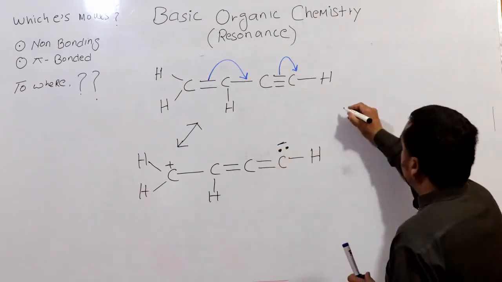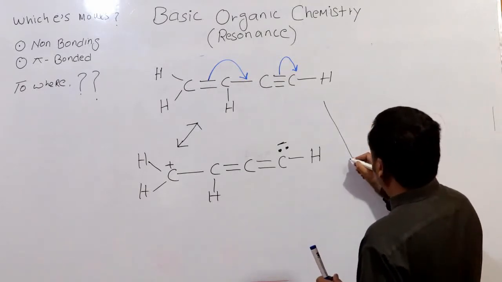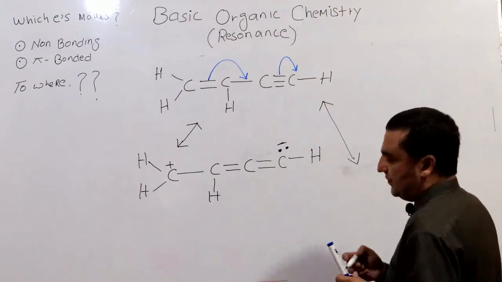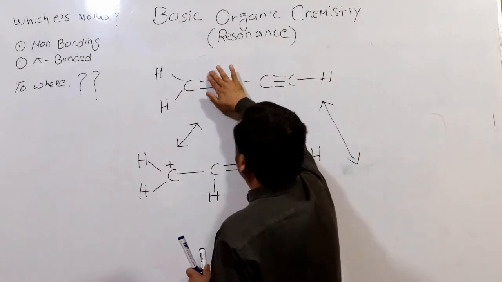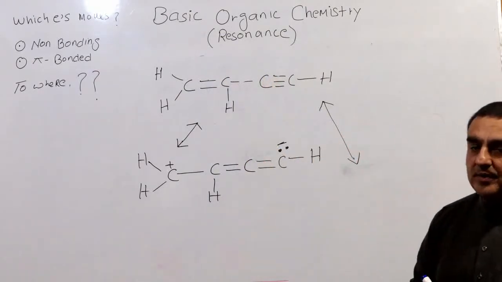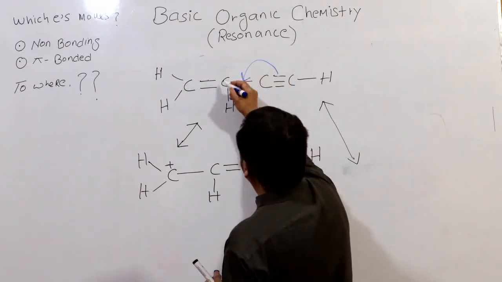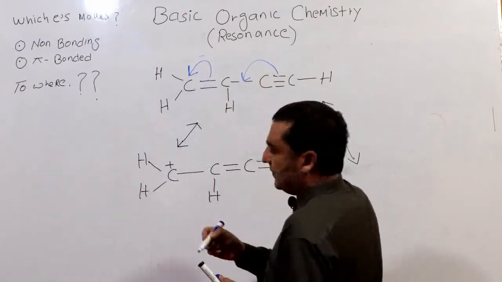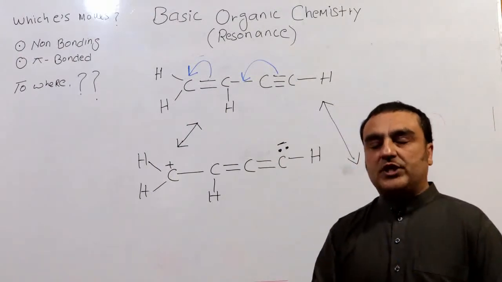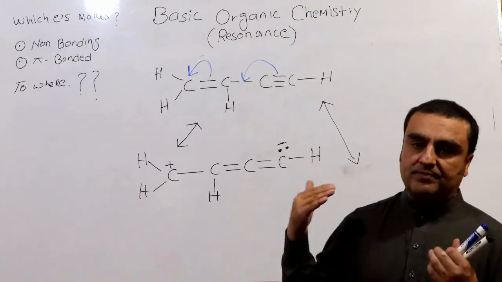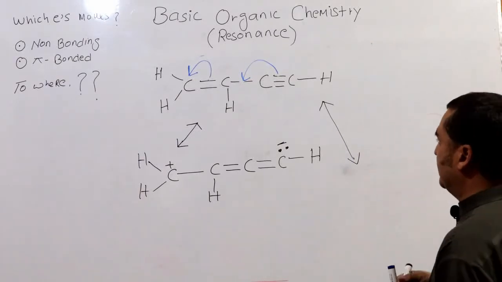This is one form, but there can be another resonance form, which is like, what if the electrons on the triple bond move to this carbon and they sit here. Okay, we still don't know which one we need to prefer, because according to some rules and some previous knowledge, you will then know which structure is good or which structure is bad.